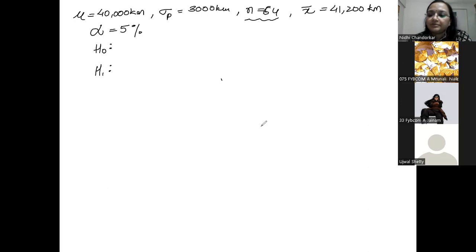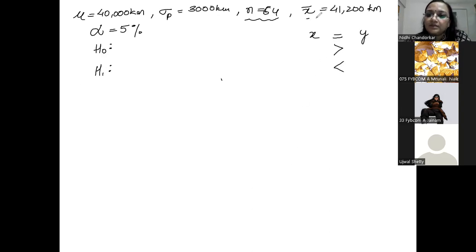Guys, in case of parametric test, it is always suggested you begin with alternative hypothesis. Okay. Now, suppose there are two numbers, x and y. There can be 3 different types of relation between two numbers, either equal to or greater than or less than. Okay. So, idhar hamara question kya hai?